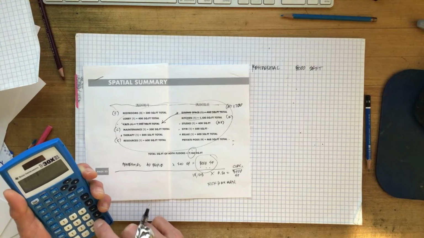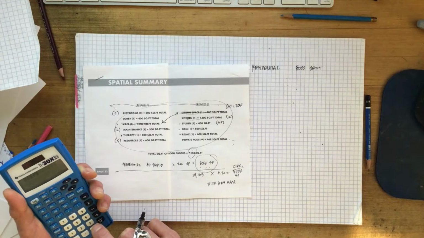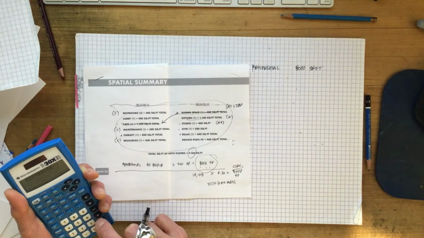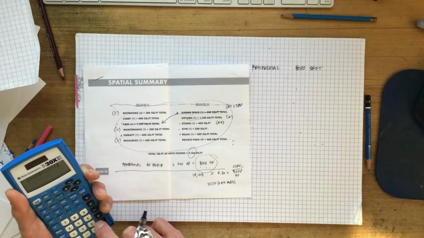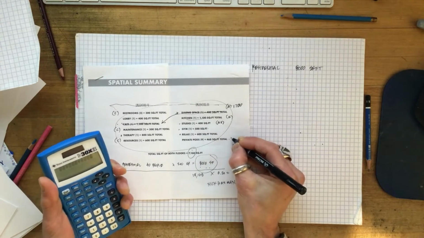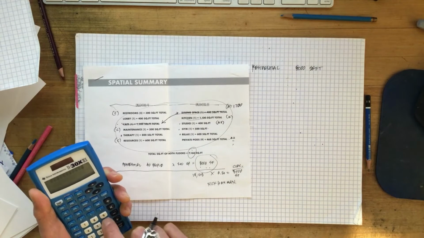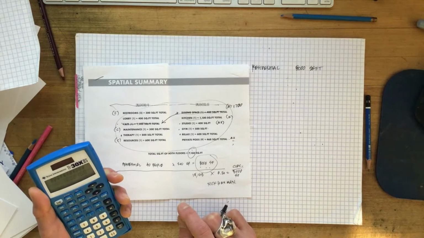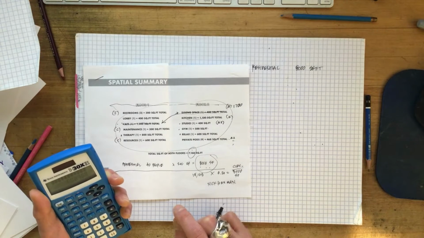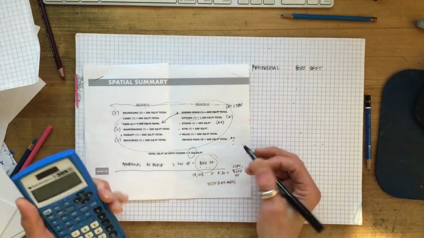800, 400, 500, 600. Let's add the private pods as well. 468. I've done something wrong here because that number's way off.